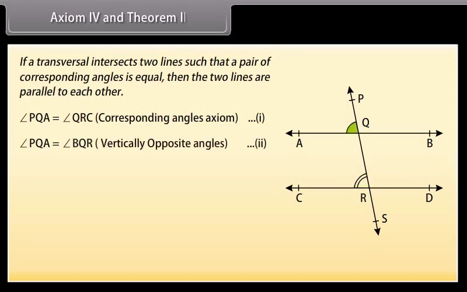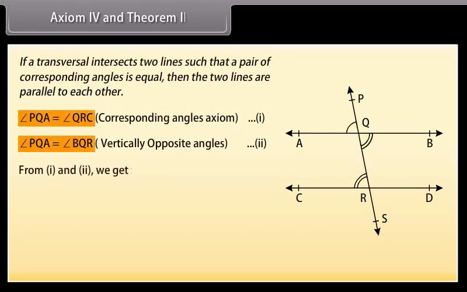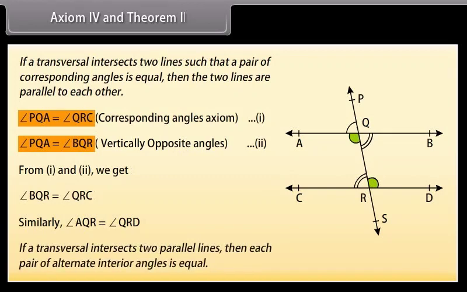Also, angle PQA is equal to angle BQR because these are vertically opposite angles. Mark it as 2. So from 1 and 2 we may conclude that angle BQR is equal to angle QRC. Similarly, angle AQR is equal to angle QRD. This result can be stated as a theorem: if a transversal intersects two parallel lines, then each pair of alternate interior angles is equal.